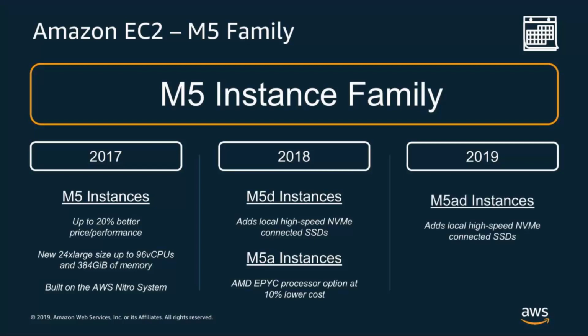And then earlier this year, we launched the M5ad instances. This adds local high-speed NVMe connected SSDs to the AMD EPYC version of M5. So altogether, even within our M5 family or general purpose family, you have 26 different instance choices, providing you the ultimate flexibility around performance and cost.